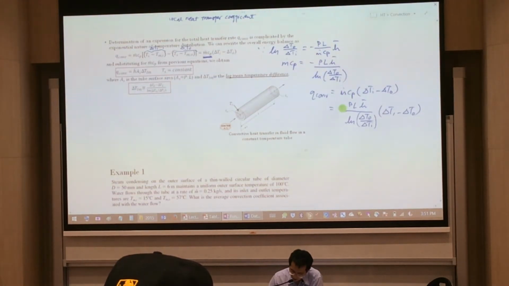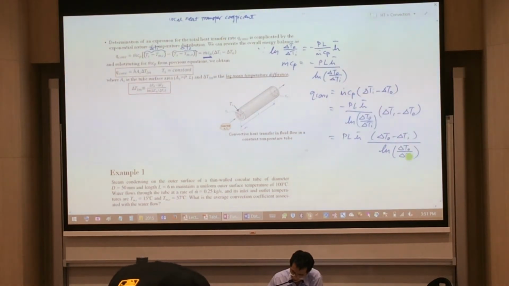This minus sign, I'm going to bring it in. So I have PL h bar, and if I bring that minus sign in, that will give me delta T naught minus delta Ti divided by ln delta T naught over delta Ti.